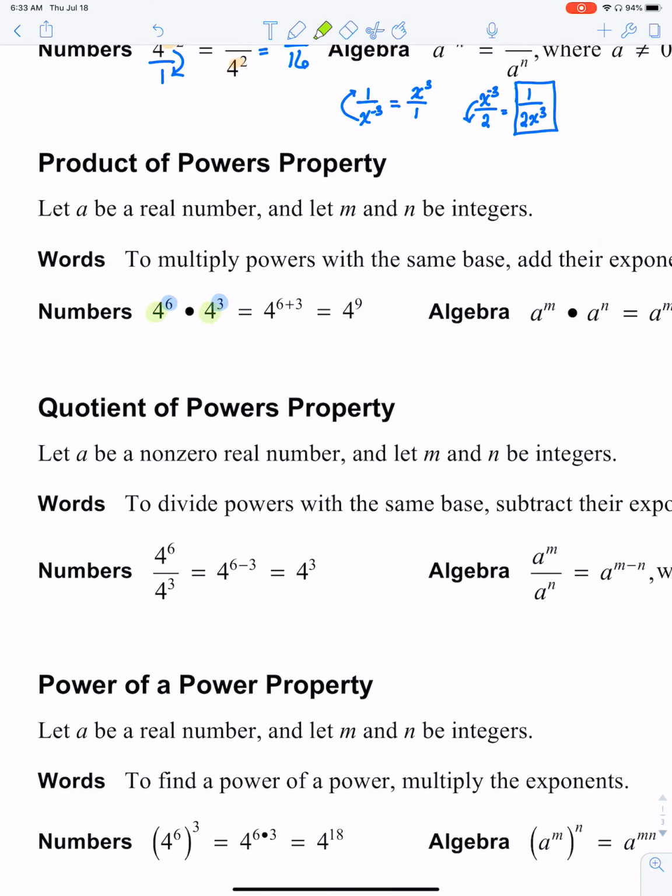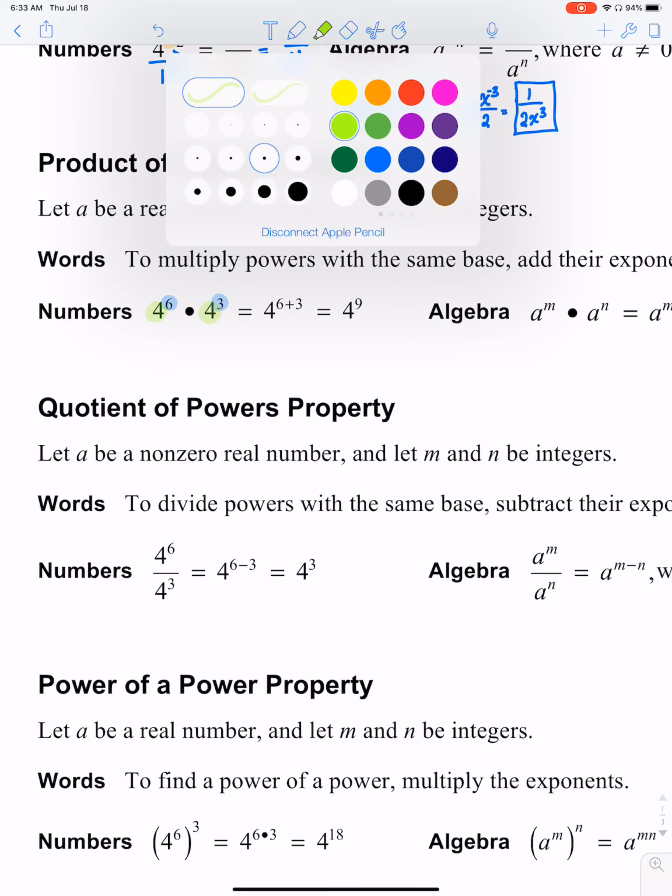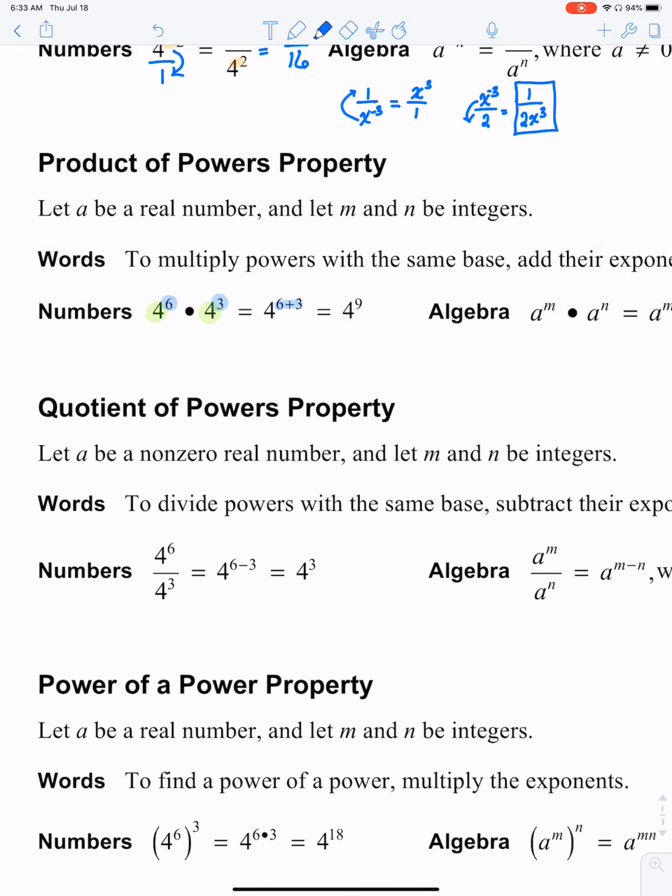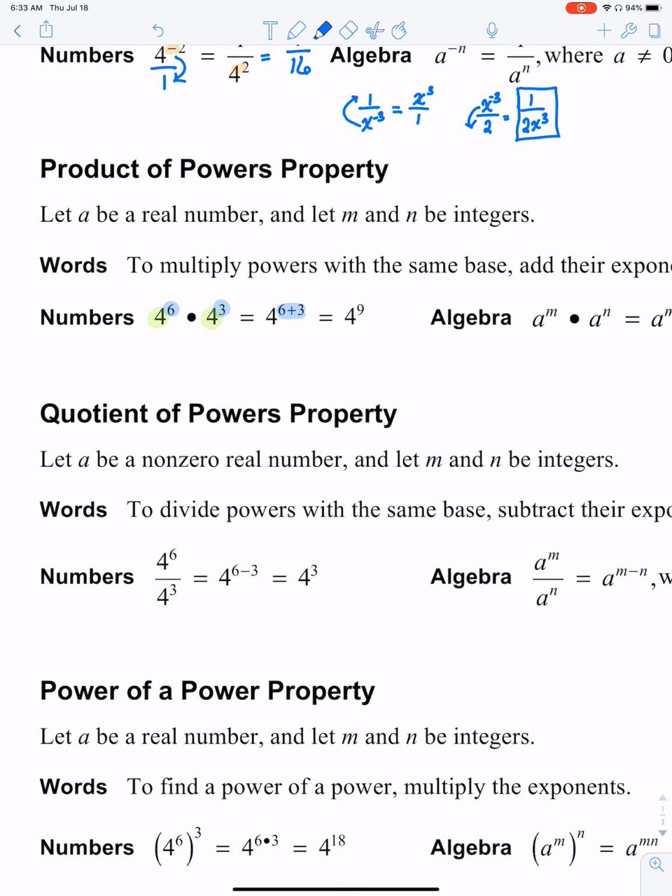So in this case, they both have a base of 4. Therefore, you can now add these exponents and end up with 4 to the 9th power, which is a lot simpler than 4 to the 6th times 4 to the 3rd. So whenever you're multiplying two exponents, you can add them to simplify.